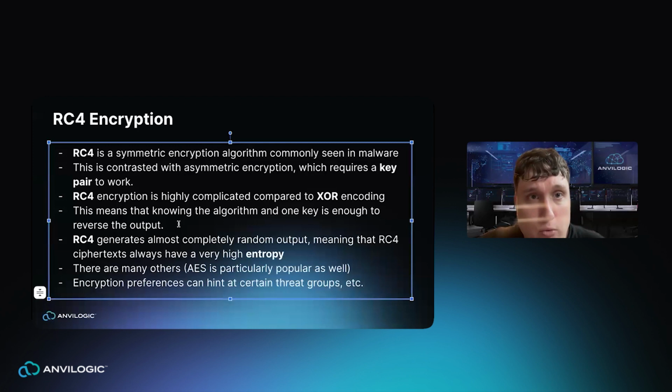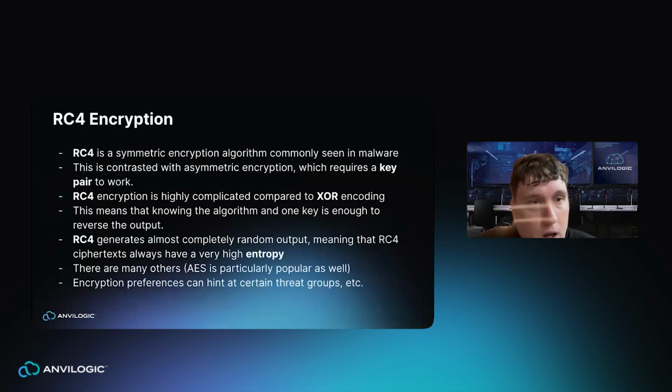If you know that something is RC4 encrypted and you have the key, you should be able to decrypt it. Some developers and certain threat groups prefer certain crypto algorithms, so sometimes it can give away who might be doing an attack, but that's something cyber intel analysts look at. You would see the algorithm used embedded in the malware, not necessarily in whatever outputs it gave, because it's supposed to be hiding data.